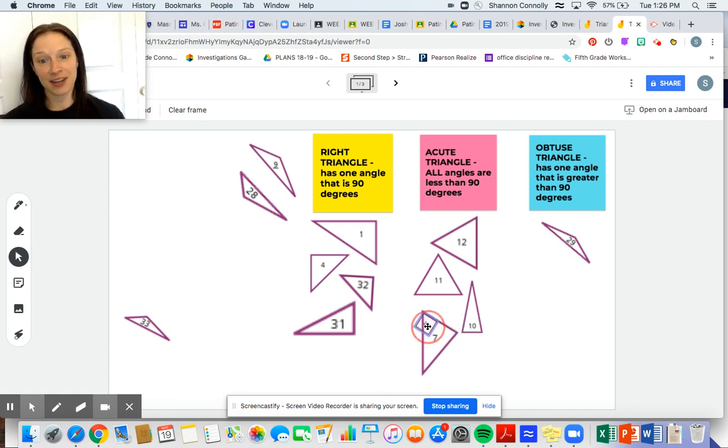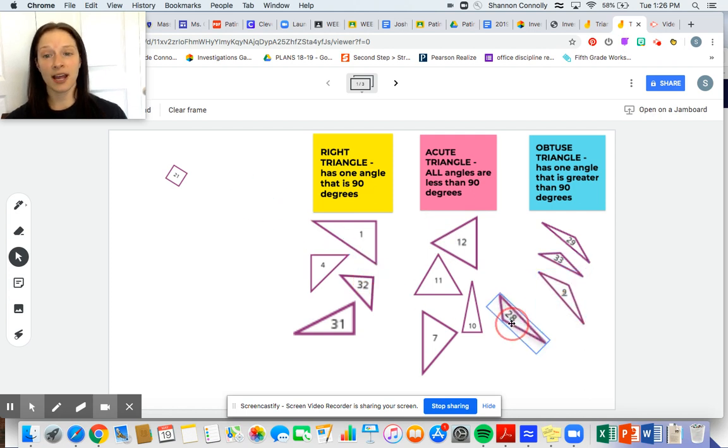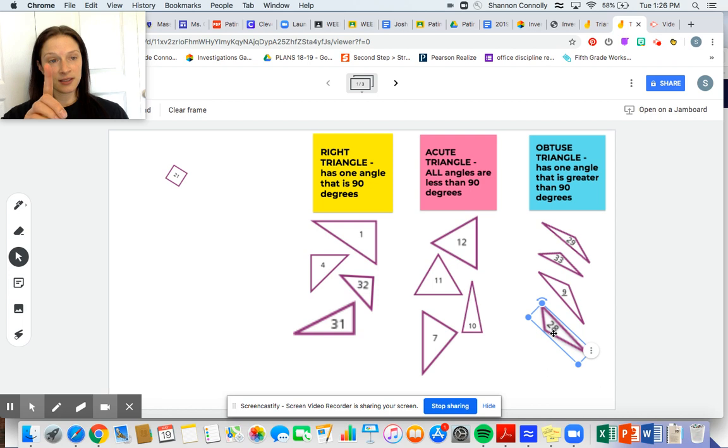All the other angles are also smaller than 90 degrees, so we call it an acute triangle. So when all three angles are less than 90 degrees, you get an acute triangle, and here are your examples of acute triangles. Okay? And then last but not least, those obtuse angles that are a little easier to spot. If you have one angle, just one, that's greater than 90 degrees, one obtuse angle, we're going to call that an obtuse triangle.